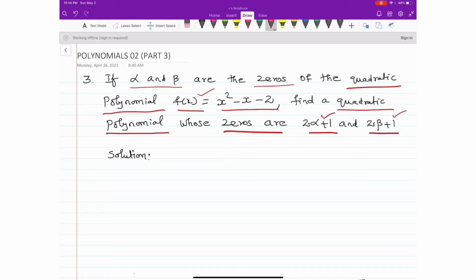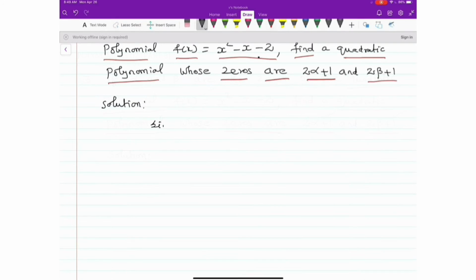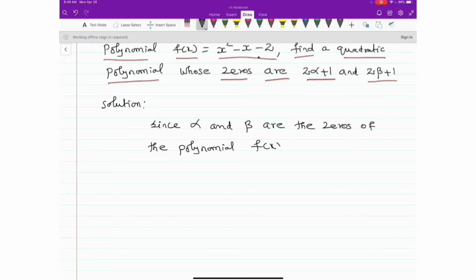Now let's do everything step by step. Alpha and beta are the zeros of the polynomial f of x is equal to x square minus x minus 2. We get, what is alpha plus beta?